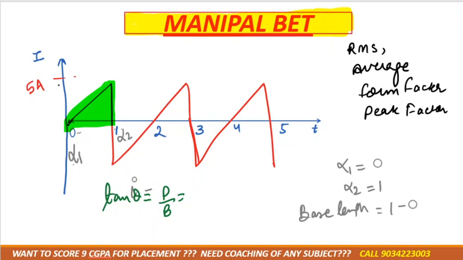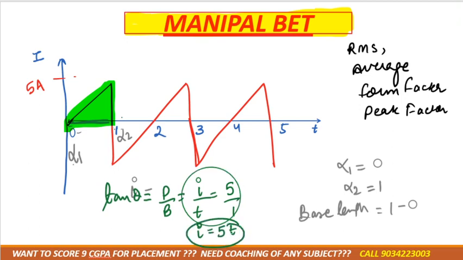Perpendicular is the current I. Base is time. I is 5 here. Time we don't know. Time is 1, 0 to 1. So if I solve it further, I would be equal to 5t. So now we got all the values.